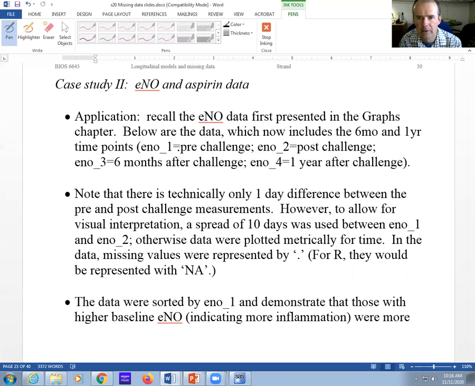A high value indicates that they're having more of a reaction. So we take a measurement right before the challenge, and then we give them the aspirin challenge and see what happens to their exhaled nitric oxide. Then we take another measurement 6 months later, and there's a fourth one 1 year after the challenge. So there's a total of 4 we have here.